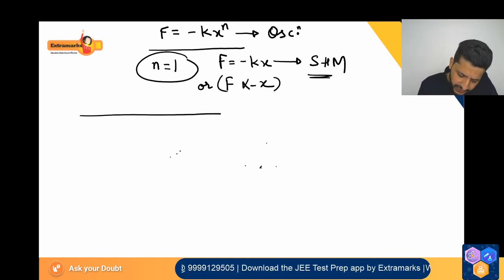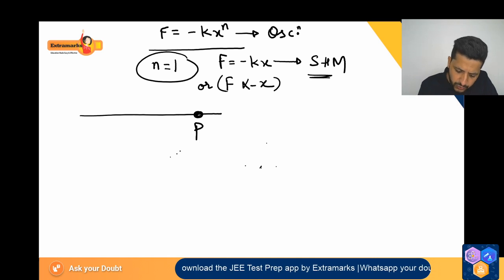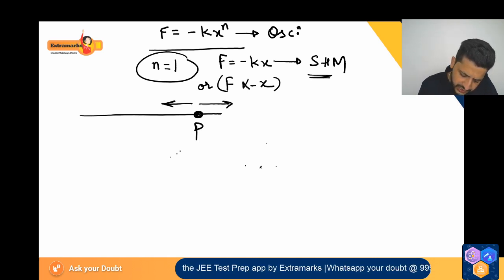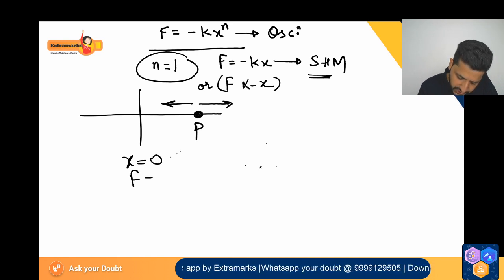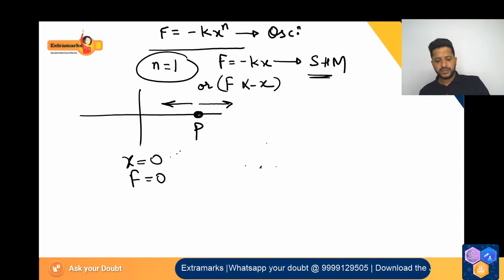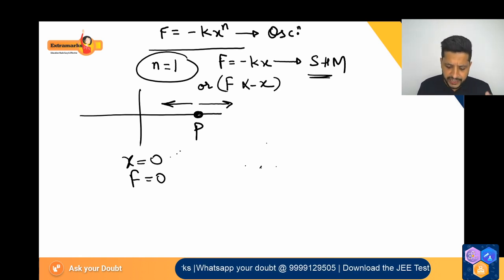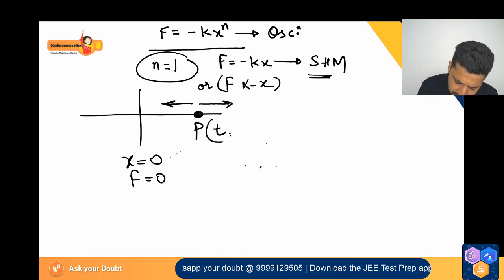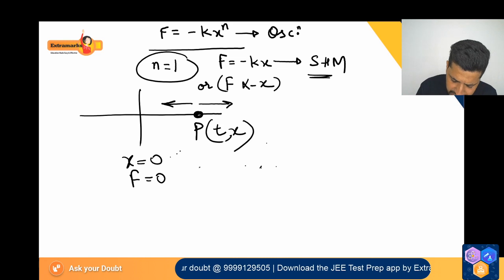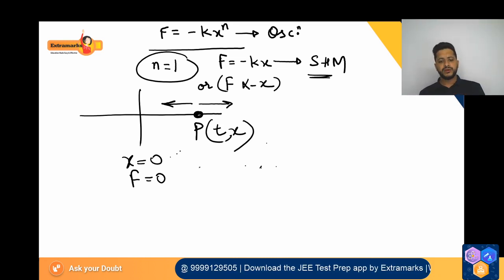Now whatever the particle is, say this is particle P. It is moving in this direction or it is moving in this direction. This is the mean position, say x equal to 0, where force is also equal to 0. So this particle is moving, and at any time t seconds the position is x meters from the origin.